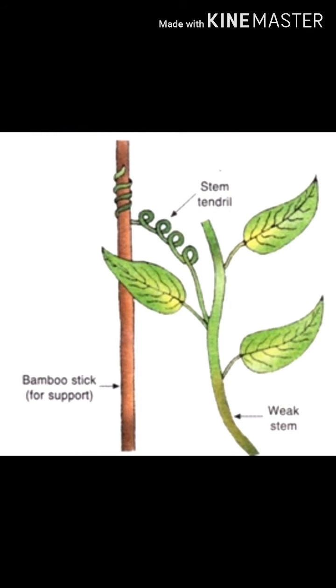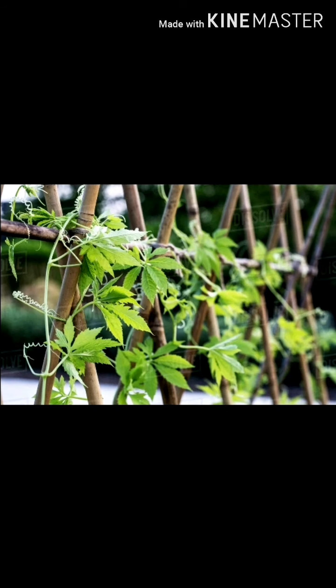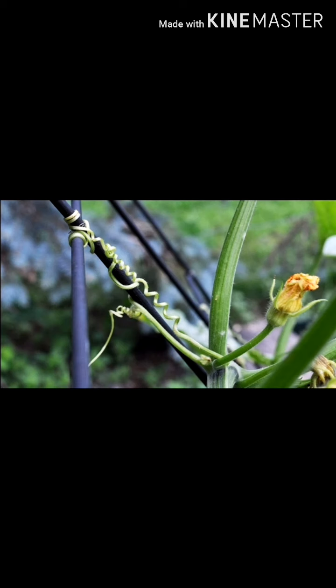It is present in tendrils and stems of climbers. Here also it provides mechanical strength, means it allows them to bend without breaking. So it provides mechanical support as well as flexibility.